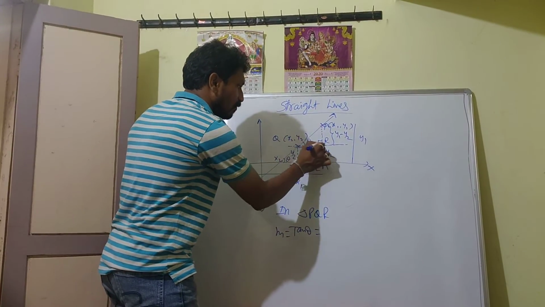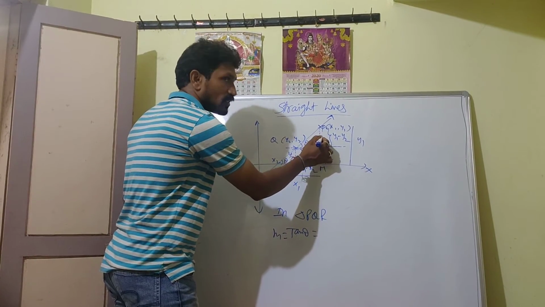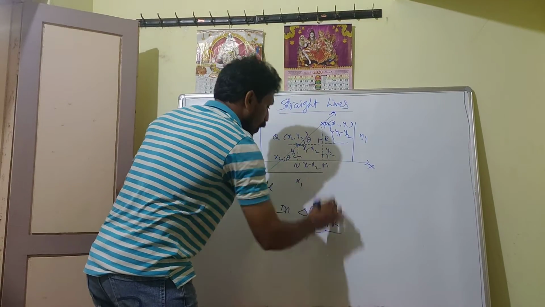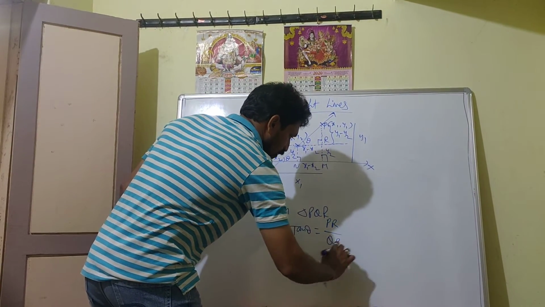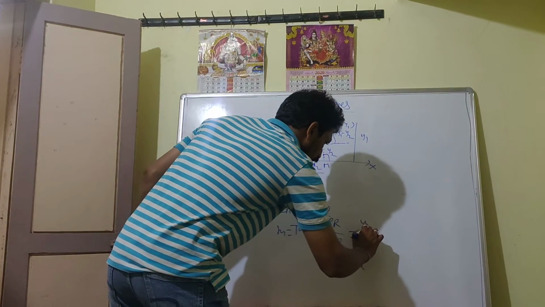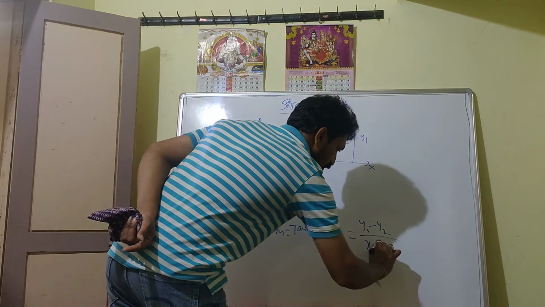Now from this diagram PQR, what is tan theta? Opposite side by adjacent side, that means PR by QR. PR means y1 minus y2, and QR is x1 minus x2.